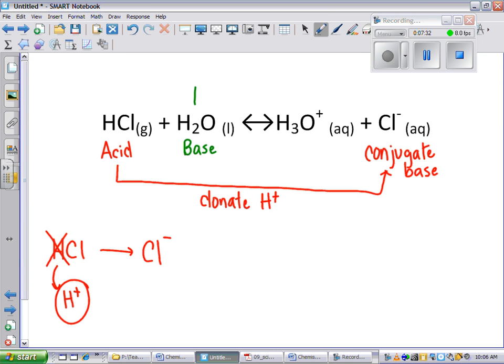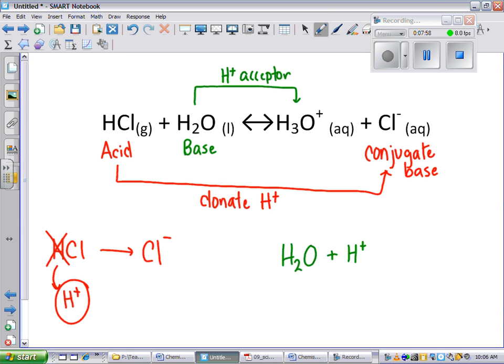So we're going to draw an arrow coming from the water molecule, and we're going to put proton acceptor. The base in this reaction will take that proton that the acid gave away and combine it into its formula. So for example, if we have water, water is a base, it will accept a proton, so it'll take in that proton that was given away.